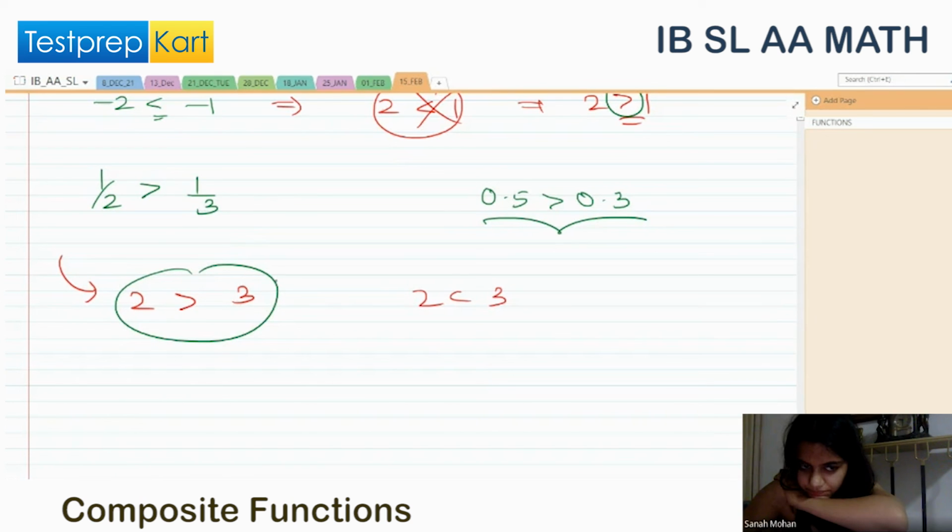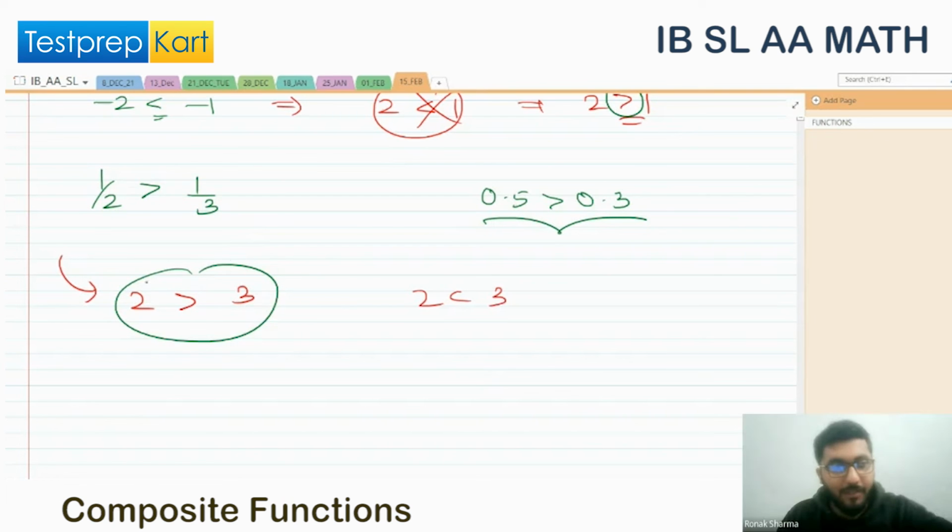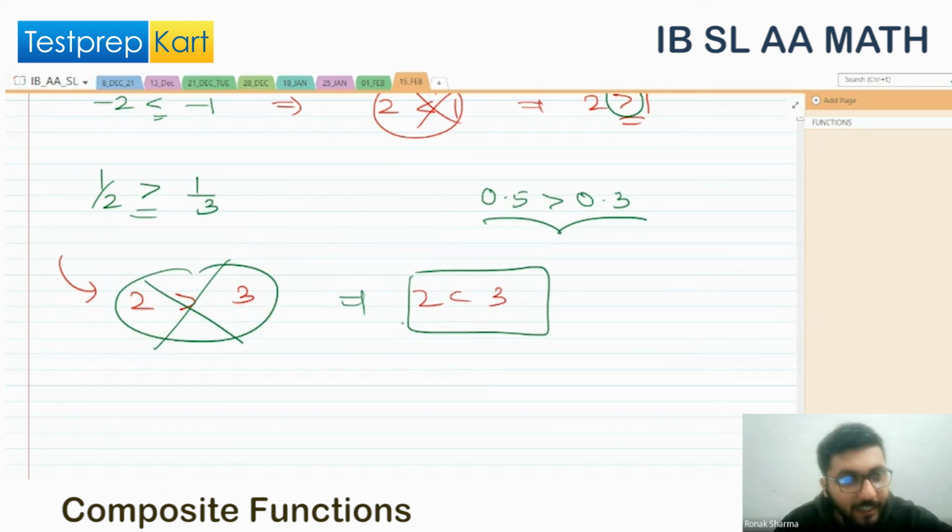The sign on the right. So that means this is wrong, and this is correct. So for that we have changed the sign, right? Change means just put the opposite sign. If you are having less than, you make it greater than. If you are having less than or equal to, make it greater than or equal to.